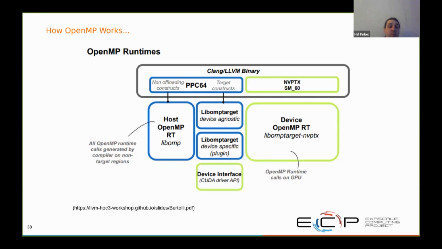That library uses device-specific plugins to interface with the necessary APIs for causing data to move to, and execution to move to, different kinds of accelerators. That's all in addition to the device-side runtime library that has to get linked into all of the kernels that run on the various accelerators. So the OpenMP support is fairly sophisticated. It has a number of different pieces, but it all works together fairly well.